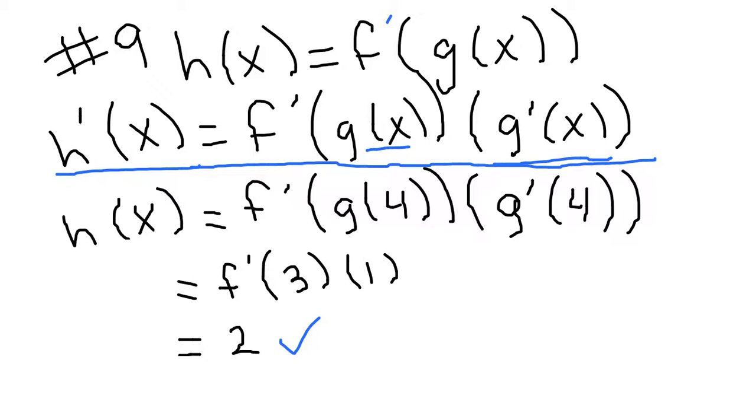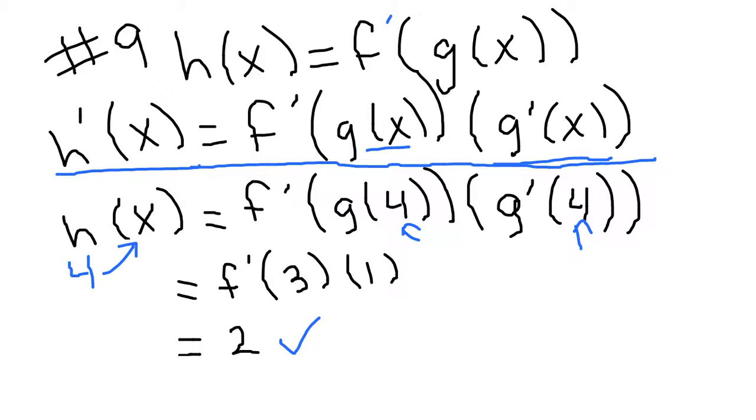So that's me just writing out what the chain rule for that derivative would be. And now, it wants to know what happens when 4 is in that spot. Okay? So wherever you see an x, we're going to plug in a 4. And so I've done that in these different spots here. Okay?